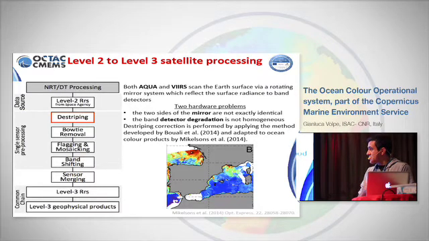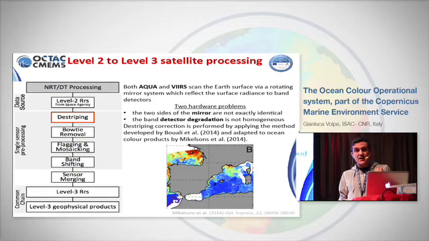We correct for them using the method by Michelson et al., 2014, which uses a detector as a reference, computes the PDF of all the observations in this detector, and applies a bias correction of all the other detectors to this one.